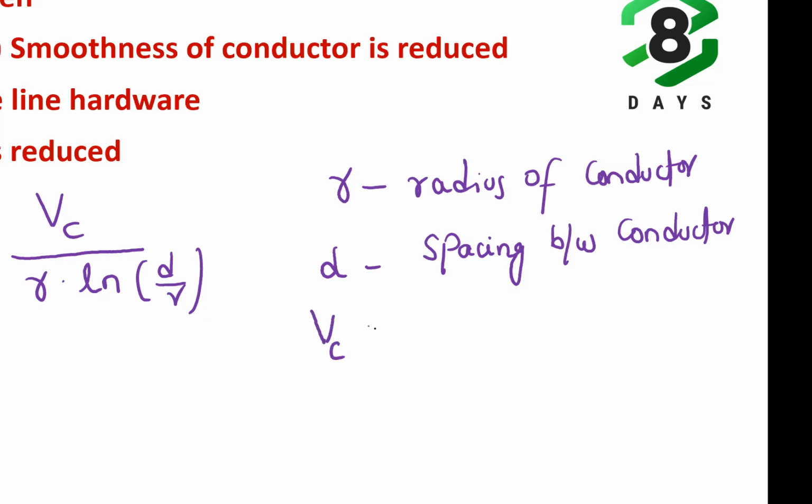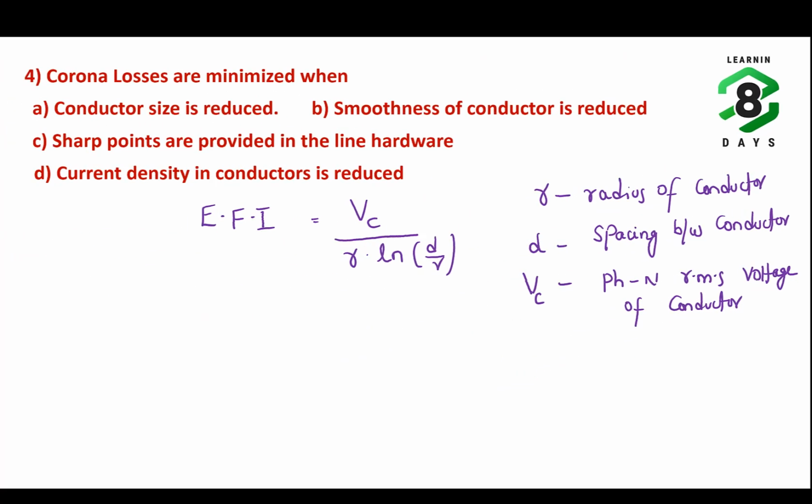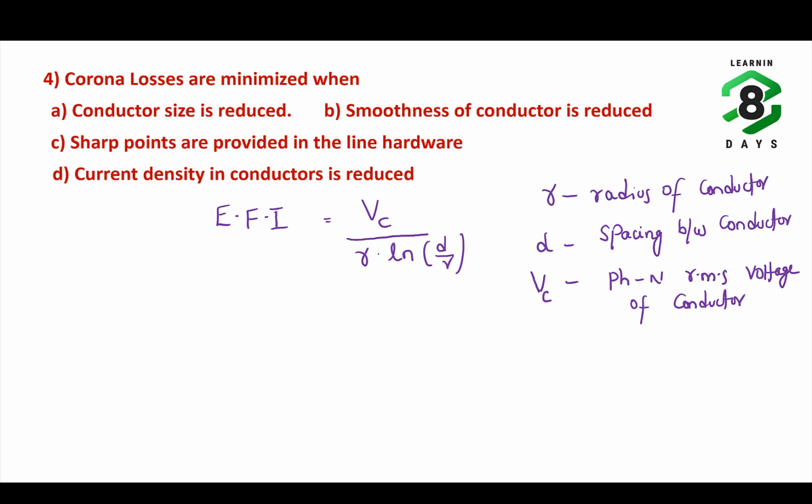Next, Vc is what? Vc is the phase to neutral RMS voltage of conductor. Understand? So now this is the formula for the electric field intensity at the surface of the conductor.